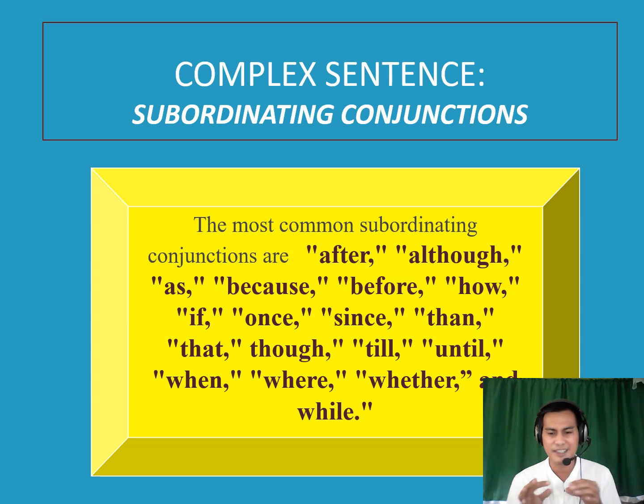It makes that sentence or clause weak, dependent, subordinate, inferior, powerless. The most common subordinating conjunctions are after, although, as, because, before, how, if, once, since, then, that, though, till, until, when, where, whether, and why.